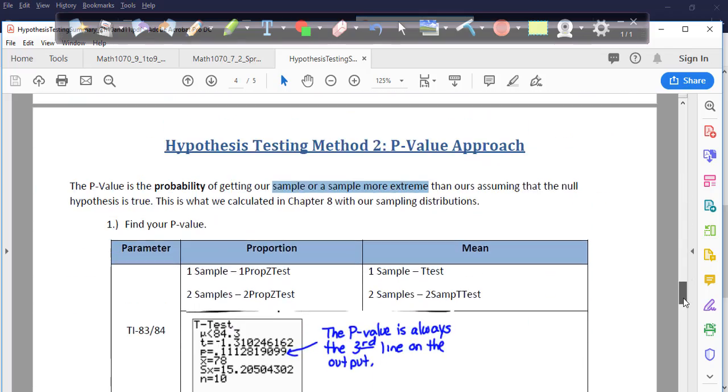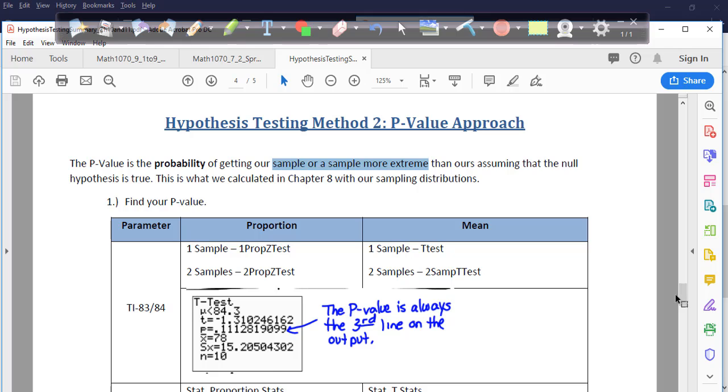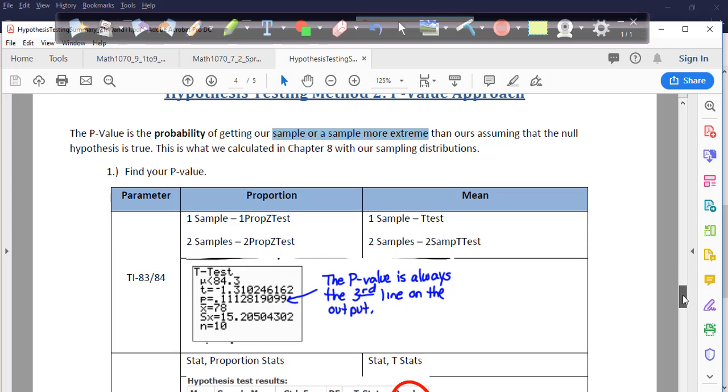And we calculate the probability of that. Previously we did that with normal CDF, if you're in the calculator, or stat calculators in normal, if you're in StatCrunch. Now we have functions in our calculator that will take care of this for us.